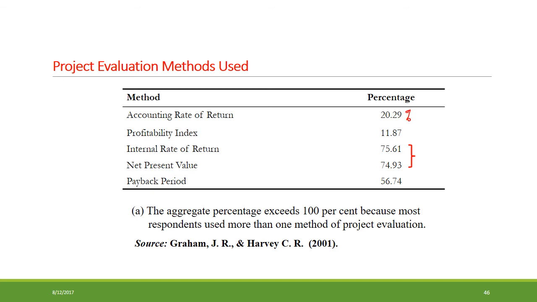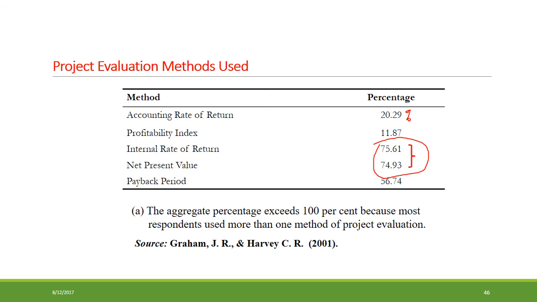Overall, we see that the internal rate of return and the net present value methods are the preferred methods. About 75% of the firms, and this is a study in the US, use the NPV method or the IRR method.